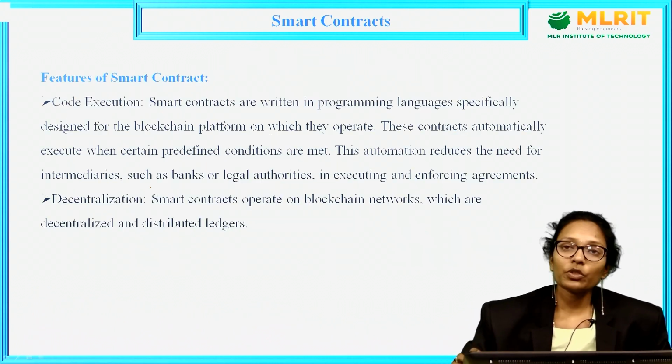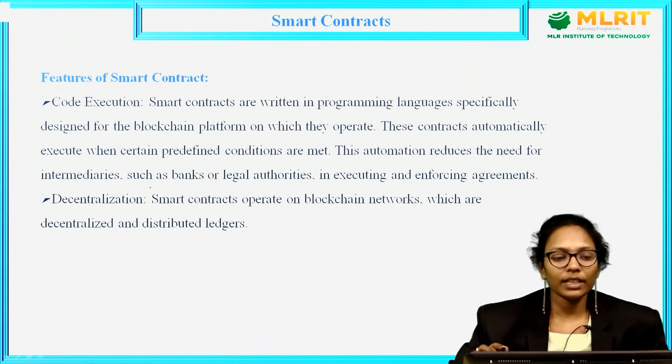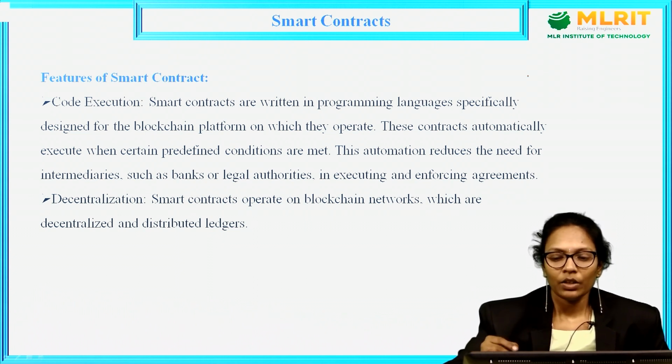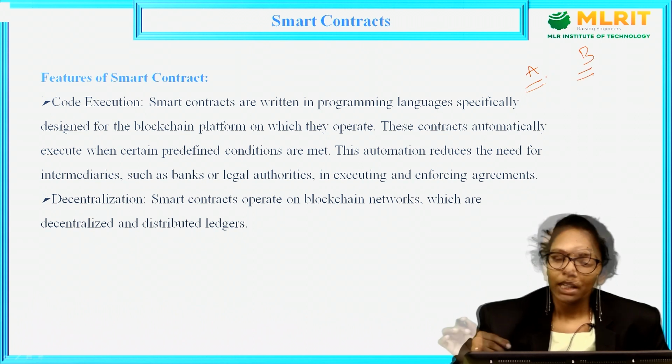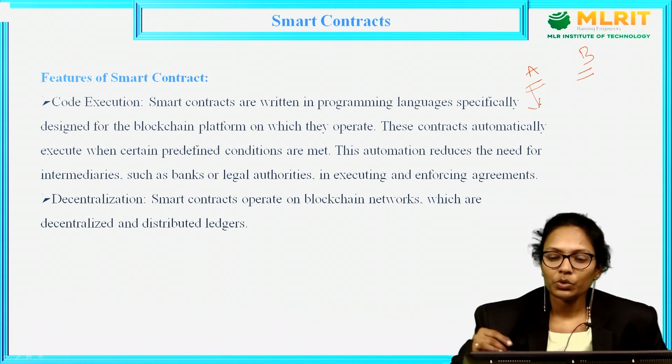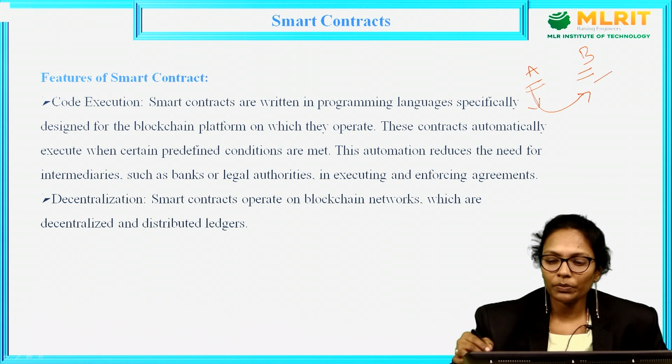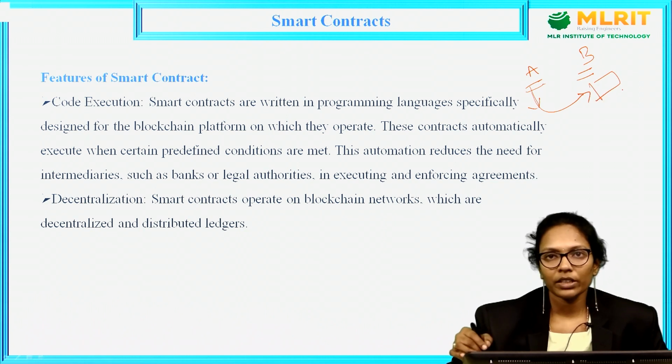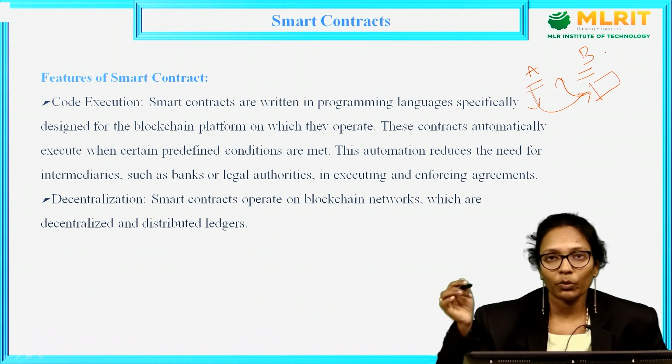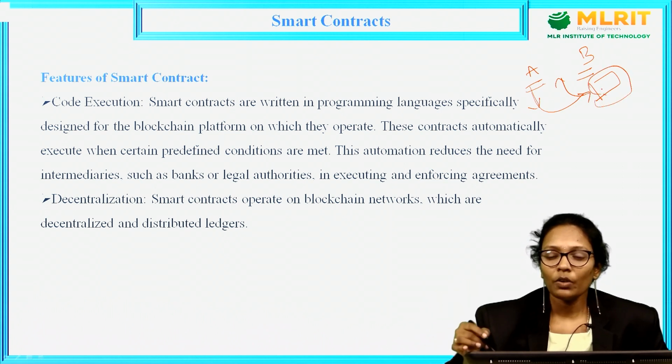Before going to the features of smart contracts, we will consider an example. For example, person A wants to buy a land from B. What will A do? He needs to take the documents of that land and go to different offices, like the registration office or MRO office, to check whether the documents are valid or not.